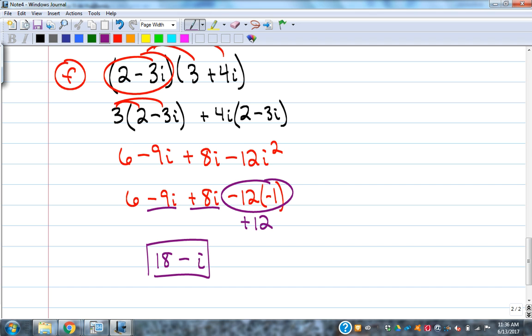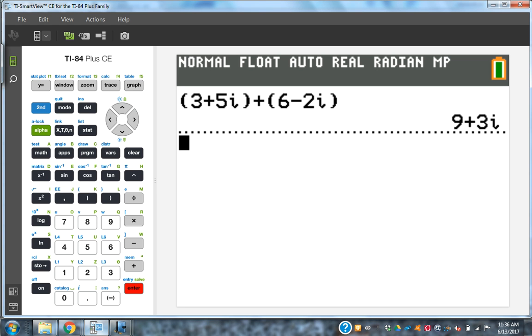So there's a lot of simplifying that can happen there. That's doing it by hand. With the calculator, you just type it in just like that. You do parentheses 2 minus 3i, so second decimal point to get the i. Close the parentheses, open up another set, 3 plus 4i.